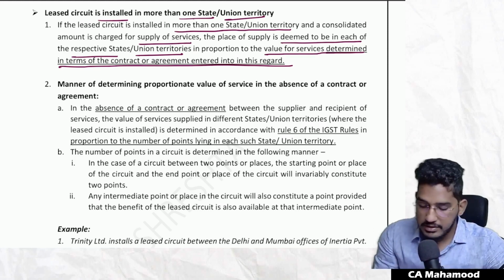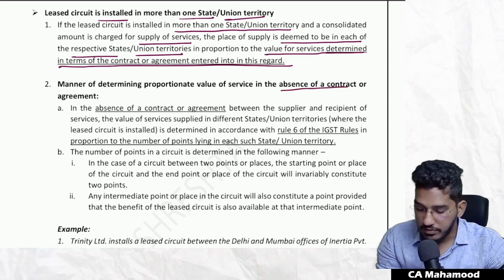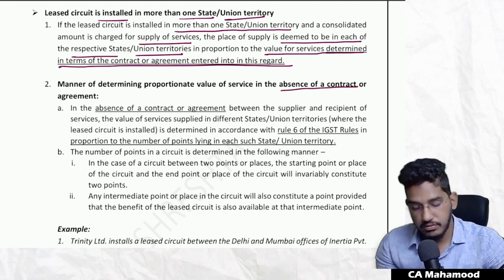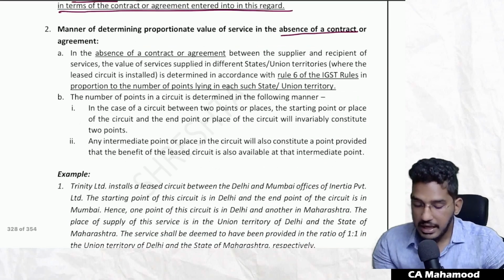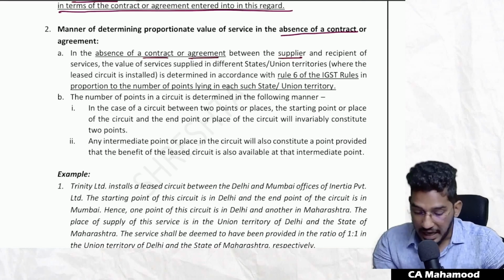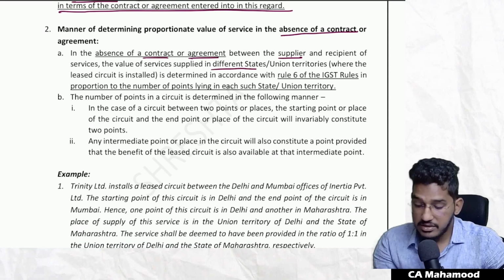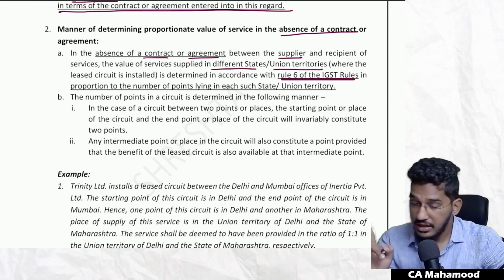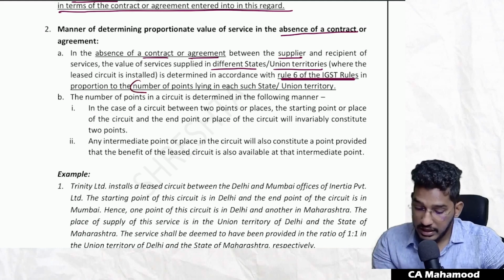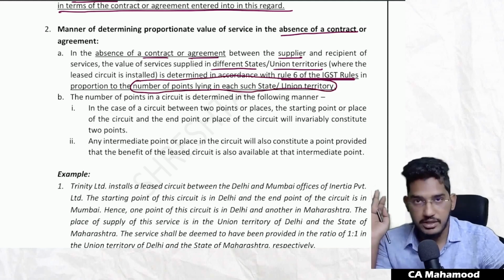But when the problem arises, in the absence of a contract, what will happen? Let us see. In the absence of a contract or agreement between the supplier and recipient of the services, the value of services supplied in different states or union territories where the leased circuit is installed is determined in accordance with Rule 6 of IGST rules in proportion to the number of points lying in each state and union territory.